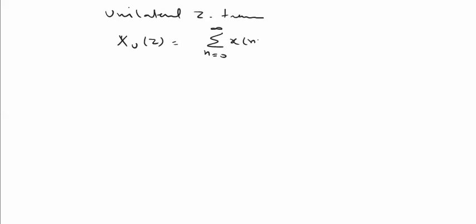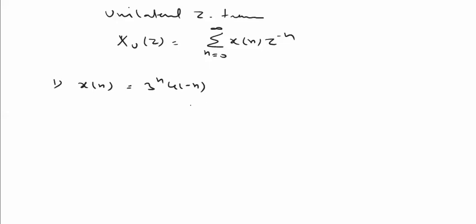Now we will discuss the unilateral Z transform. The formula for X(z) is the summation from 0 to infinity of x[n] z power minus n. For the first question, x[n] is 3 power n u[-n].